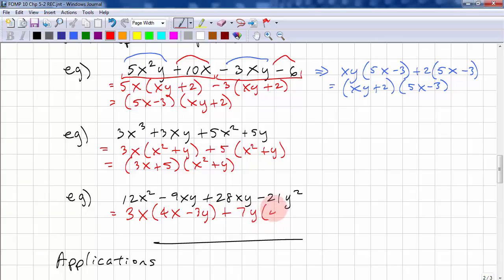That leaves us with 4x. Same thing here, negative 21y squared divided by 7y. That leaves us with negative 3y. And then we combine these two terms. We get 3x plus 7y, and we get 4x minus 3y.